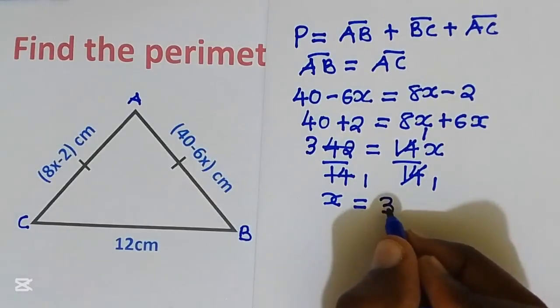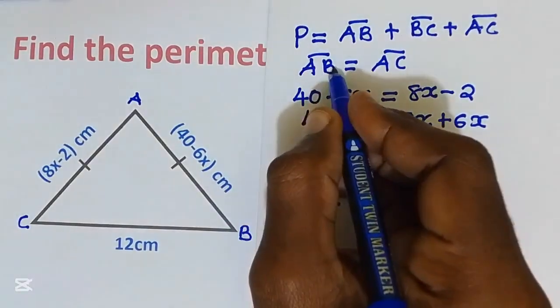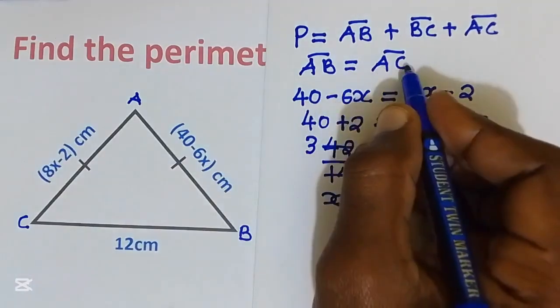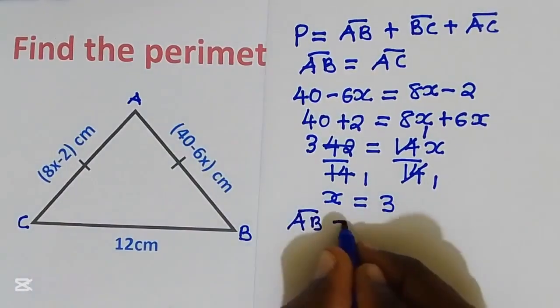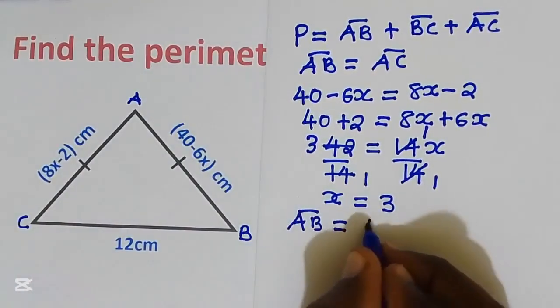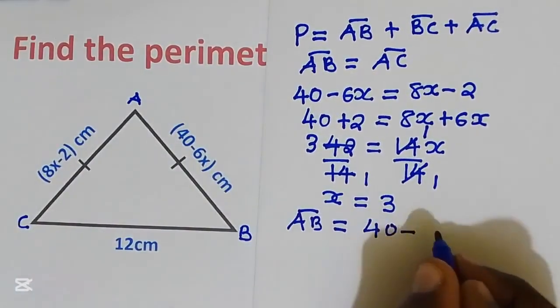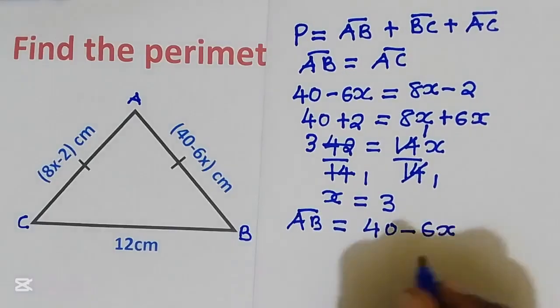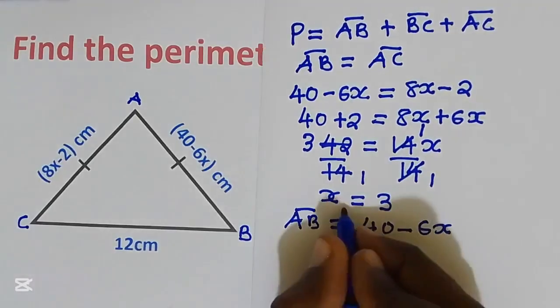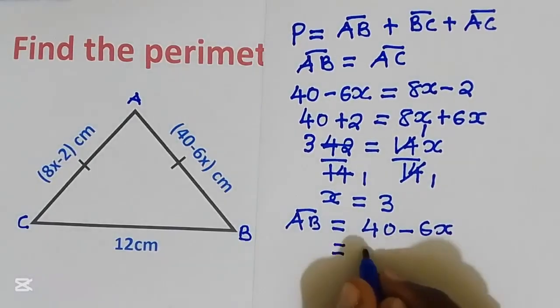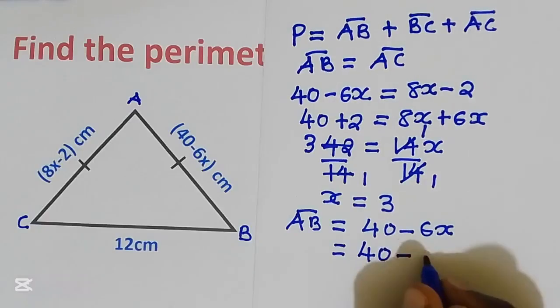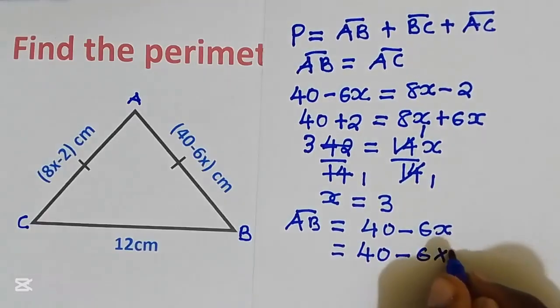Let us find side AB, which is equal to side AC. AB is given by expression 40 minus 6x. I'm going to substitute x is equal to 3 here. That is going to be 40 take away 6 multiply by 3.